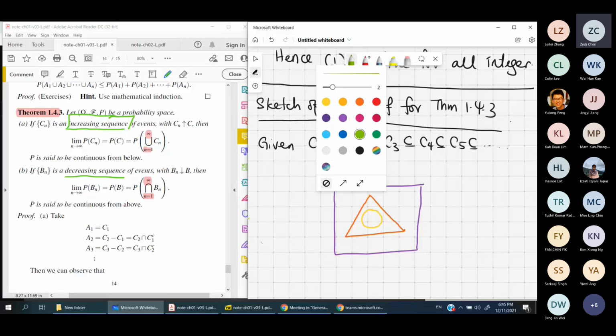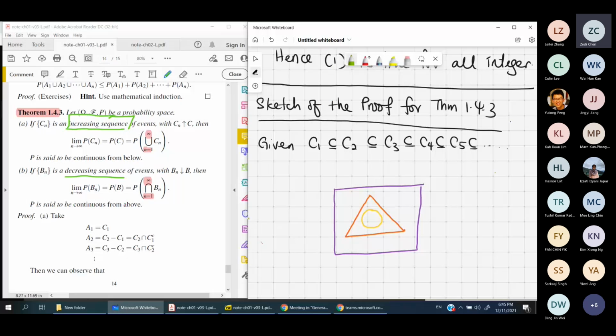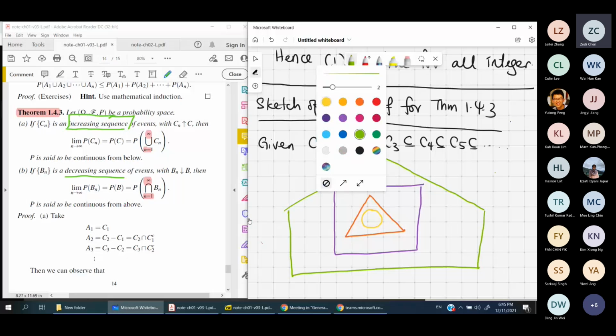Last one, I think 4 is good enough already. Wow, I'm running out of space. So then you get all these things, right? This is our C1. Next, this is our C2, and C2 is inside C3. C3 is inside C4. So this is the picture we can have.